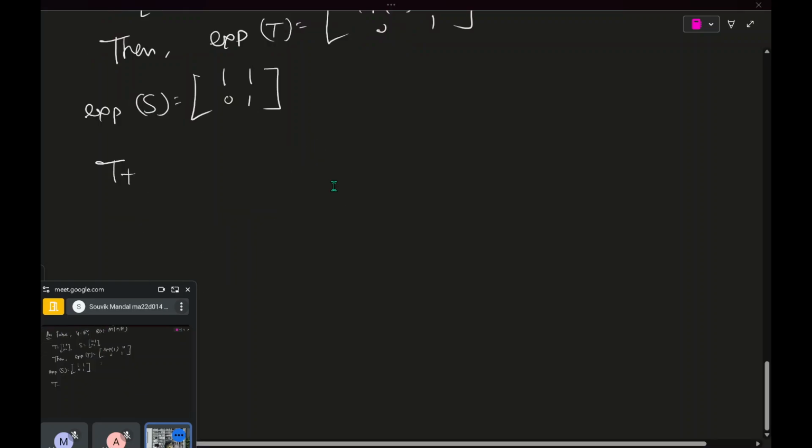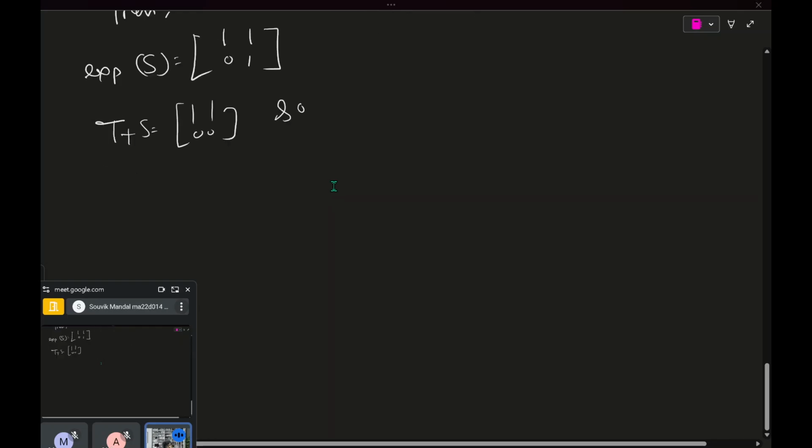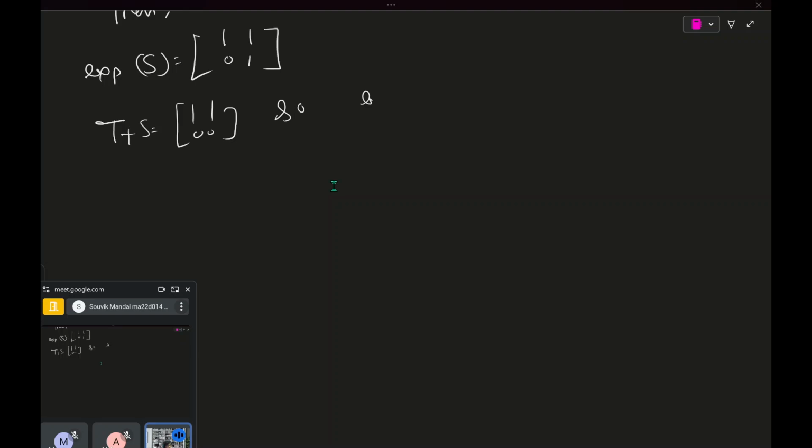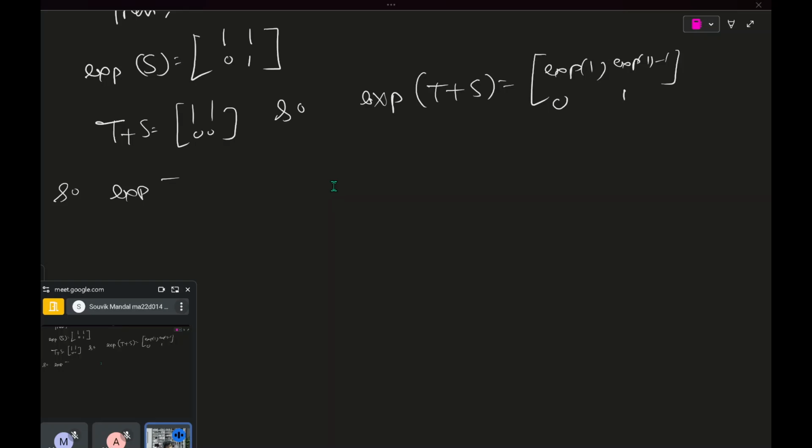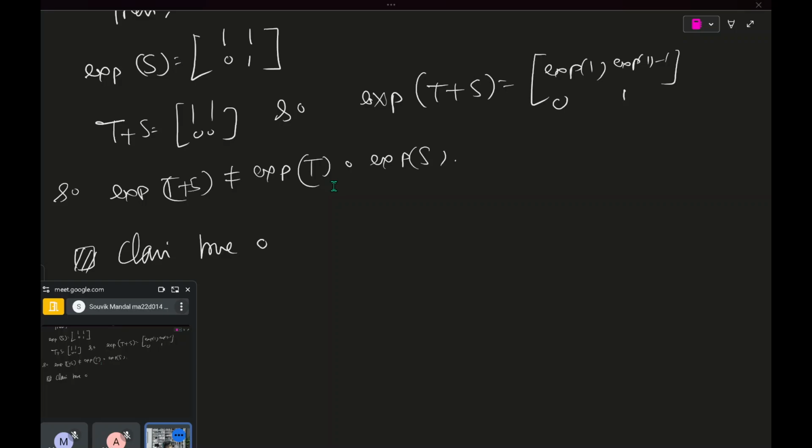So exp(T+S) is not equal to exp(T) composed with exp(S). And note that the claim is true only when T and S commute.